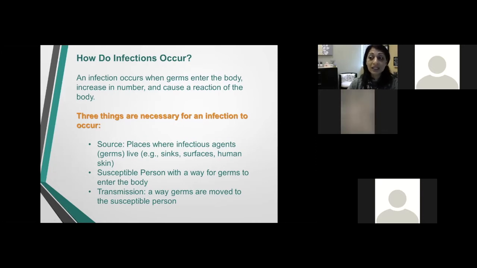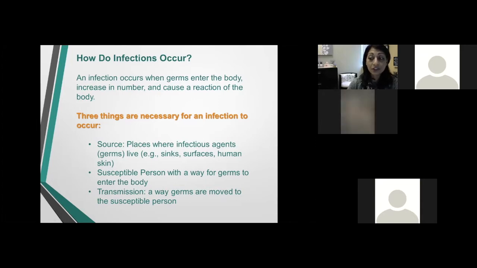Then we need a susceptible person with a way for the germs to enter our body. A normal, healthy person typically does not get sick from everyday germs. However, someone with a lowered immune system, someone that is either older or younger or has a disease process going on with them that would make them more susceptible to having a reaction to those germs, would be susceptible to that.